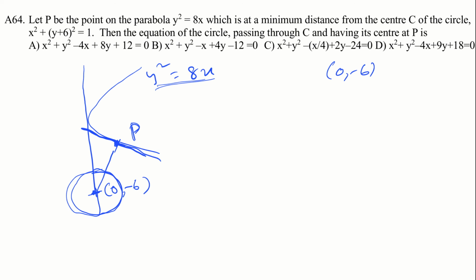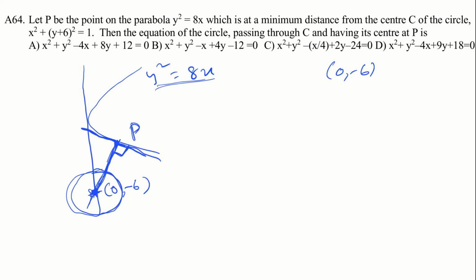Now if it is at the minimum distance, then obviously the normal at P to the parabola should pass through that point, whatever the point at the minimum distance is. Here the point is nothing but the center of the circle. So let us first take the normal at P to the curve. Observe that here y² = 4ax, so a is 2.